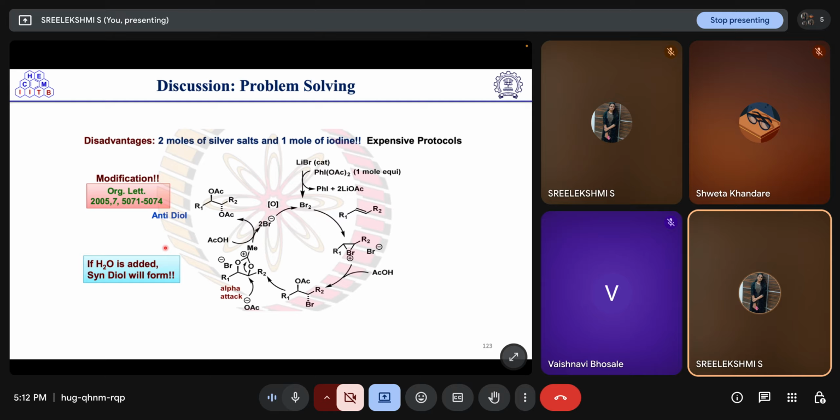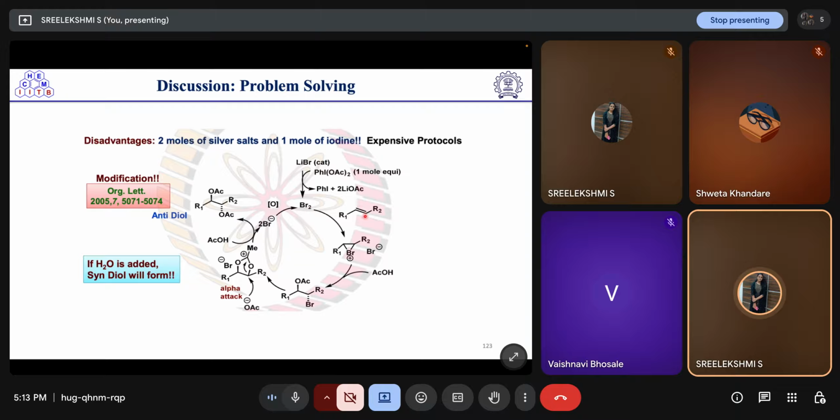So these are the modifications to this reaction, where instead of using 2 moles of silver salt, if we are using this phenyl diacetate 1 mole equivalent and lithium bromide catalytic amount, what will be forming? This phenyl iodide will form, lithium acetate will form, and it will liberate this bromine gas.